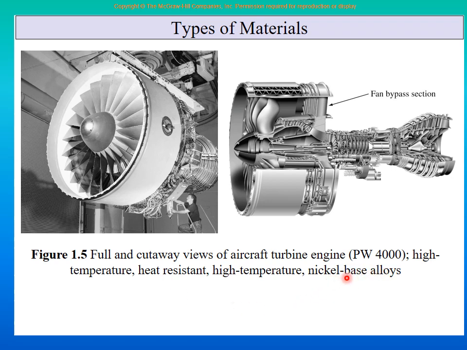So these are alloys. Alloys would generally mean steels and other types of alloys, but in these alloys, whether they are steels or other alloys, nickel has been added, and of course some other materials have been added. The main thing is that they have very high strength, very high temperature resistance, and they are light because they have to fly, right?